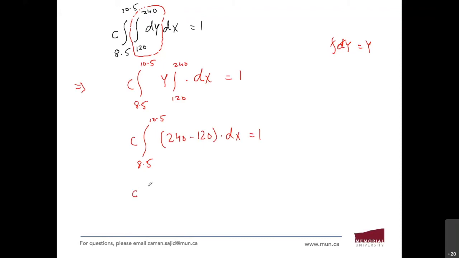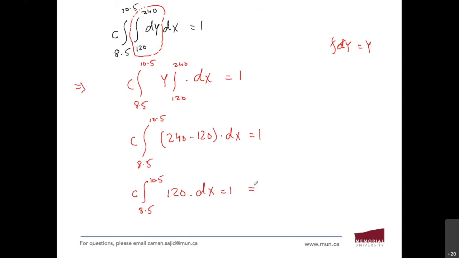C is 8.5 to 10.5. This one will be 120 times dx is equal to 1. Again, 120 is a constant in the integral, so I can take that out.